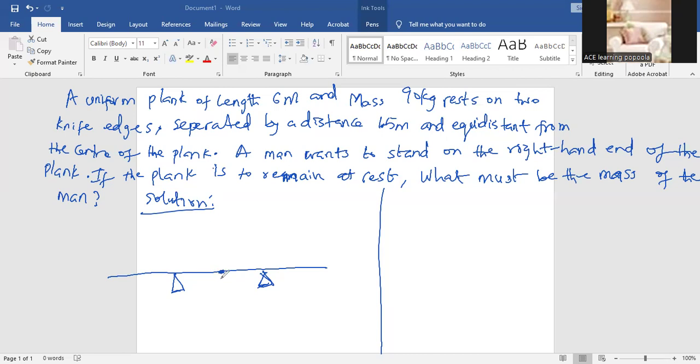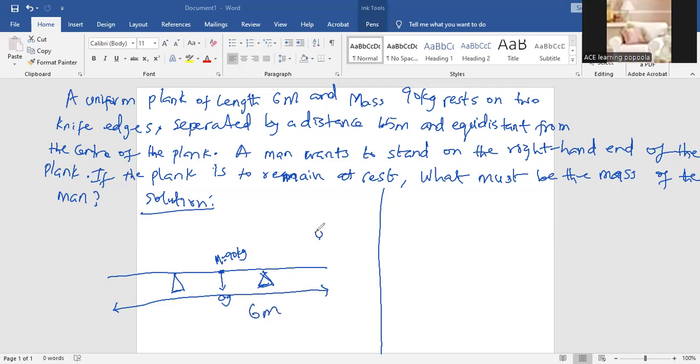If this is the center of the plank, then the center of gravity of the plank acts here, and the mass of 90 kilogram acts at this point. Now the total length of the plank is 6 meters.